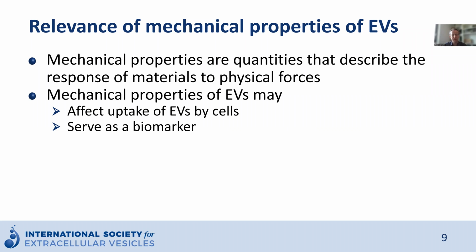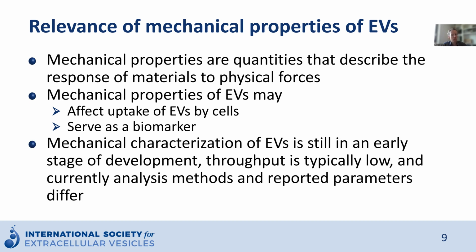Multiple studies have by now shown that stiffer particles or vesicles may be taken up more efficiently by cells than softer ones. In addition, stiffness of excreted EVs may also be affected between healthy and diseased cells and could therefore potentially serve as a biomarker.